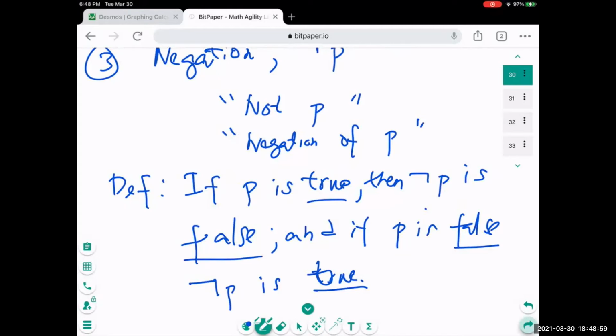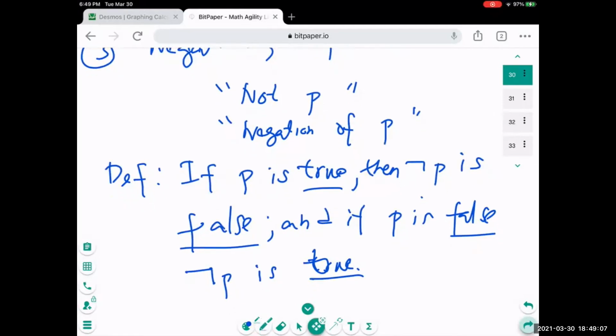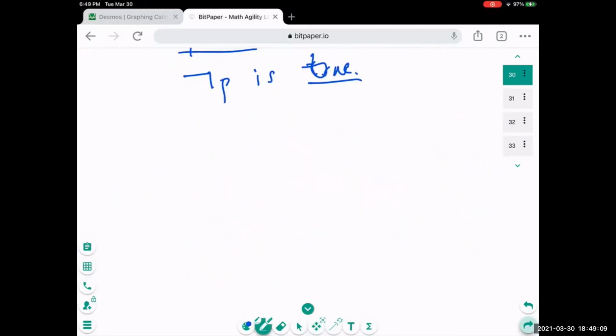So we have defined the basics. Actually, conjunction and disjunction have other names in logic or set theory. Let me write it here.